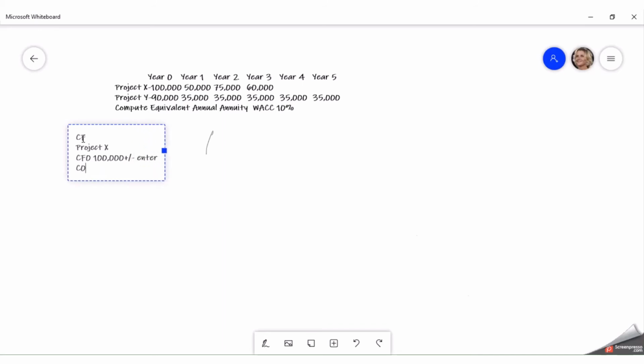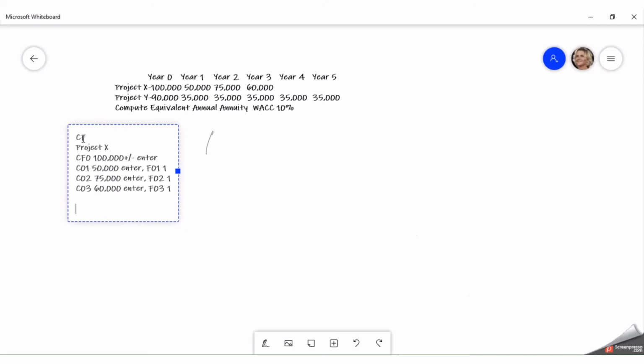Your cash flow for year 1 is 50,000. Hit enter. That is a frequency of 1. Your cash flow for year 2 is 75,000. Hit enter. And that is a frequency of 1. And then your cash flow for year 3, enter. That too is a frequency of 1.